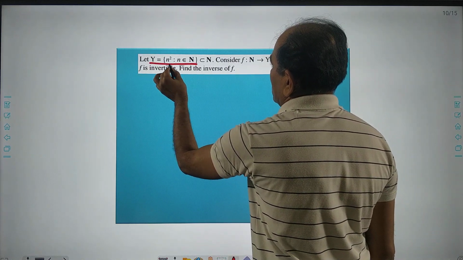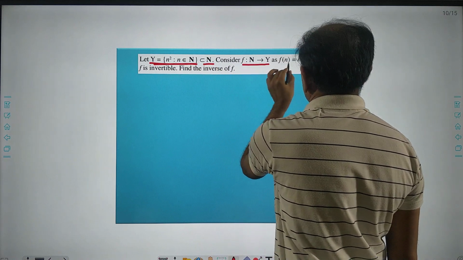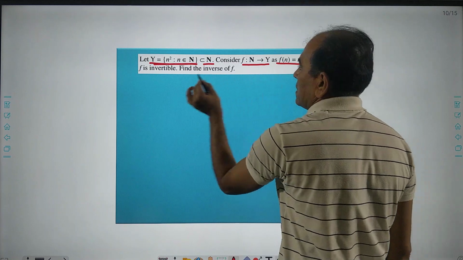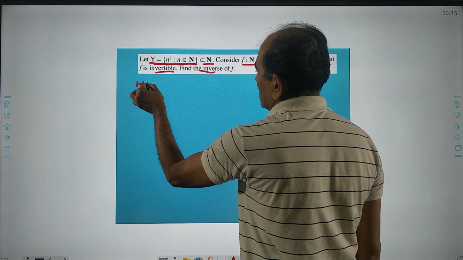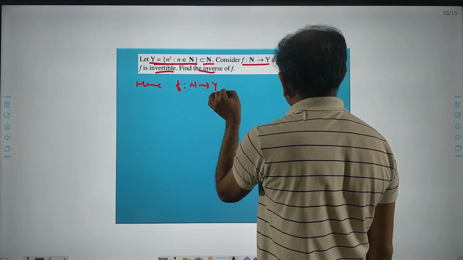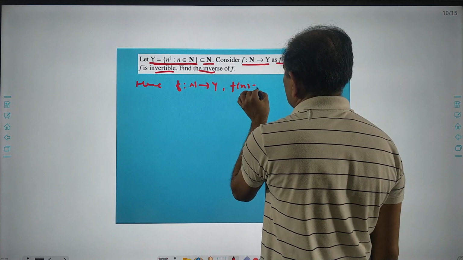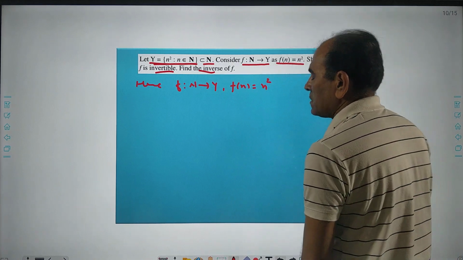See, y is given from n square, where n belongs to a subset of N. F from N to N is equal to n square, so that is invertible. Find the inverse. Here f from N to N, f of n is equal to n square. And therefore what happens?